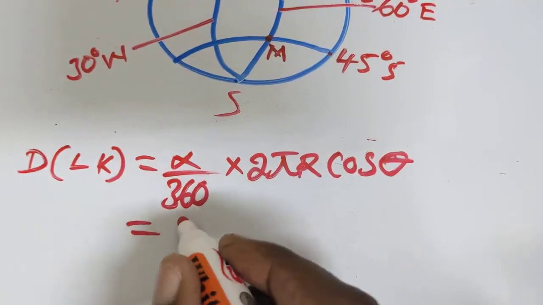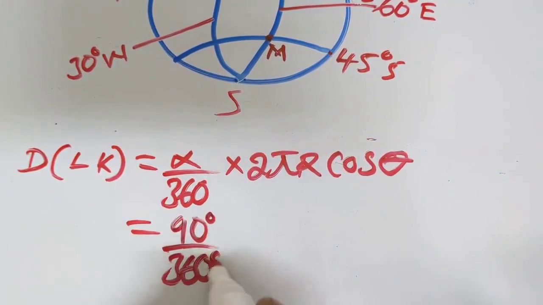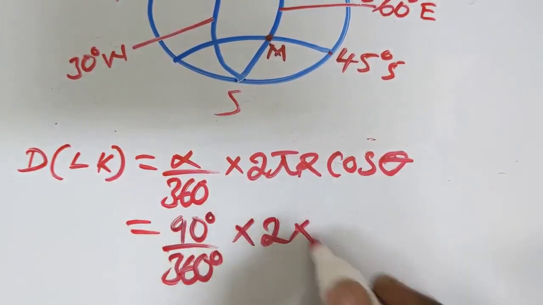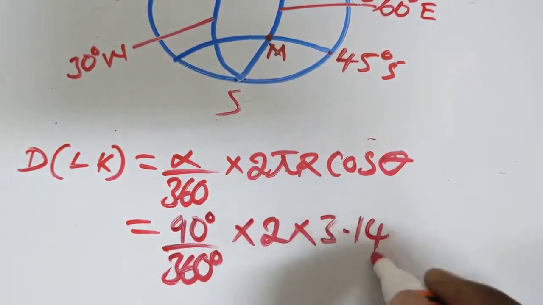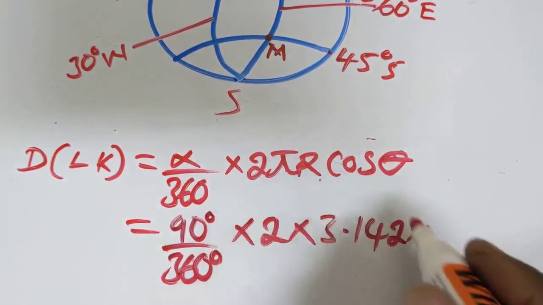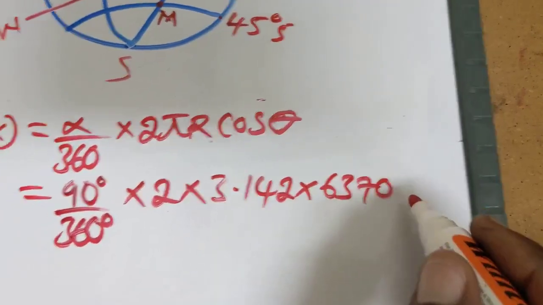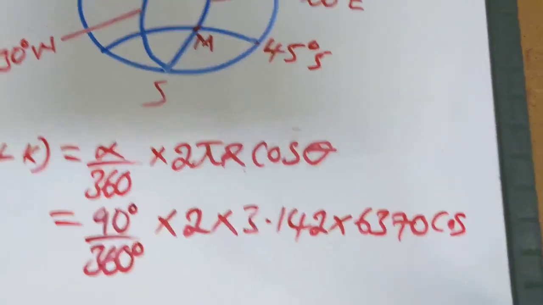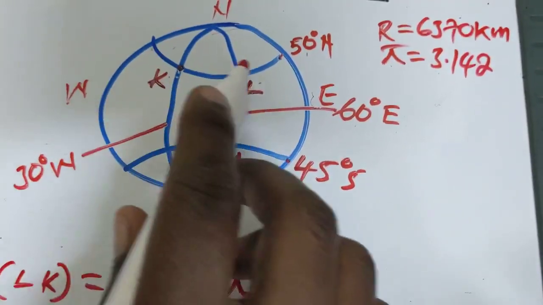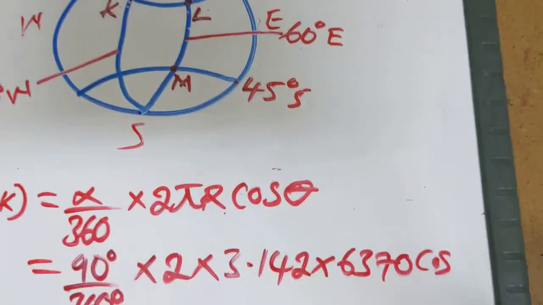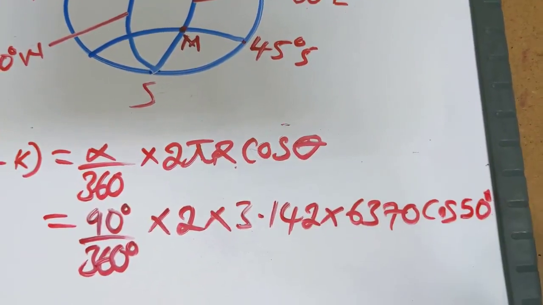So it is 90 degrees over 360 degrees multiplied by 2 multiplied by pi, which is 3.142, multiplied by the radius, which is 6370, then cos 50 degrees.